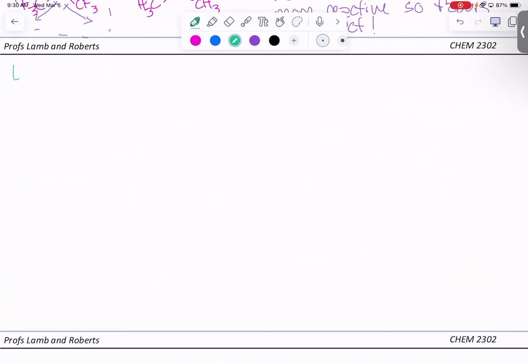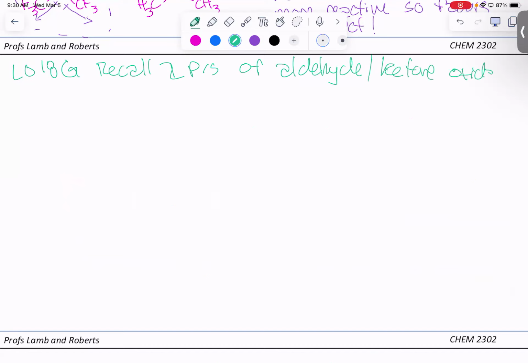So our learning objective 18G is to recall the 2 P's of aldehyde and ketone oxidation, right, to form carboxylic acids.